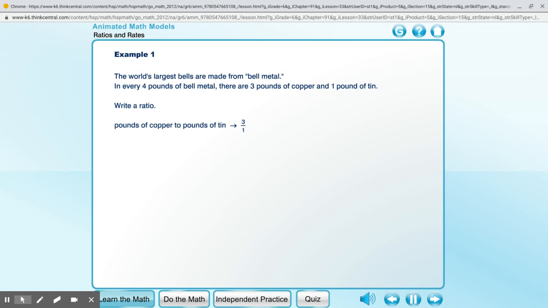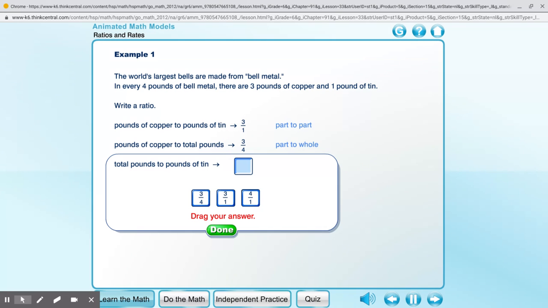There are 3 pounds of copper to 1 pound of tin, so the ratio is 3 to 1. The ratio compares a part to a part. Write a ratio for pounds of copper to total pounds. There are 3 pounds of copper to 4 total pounds, so the ratio is 3 to 4. The ratio compares a part to a whole.